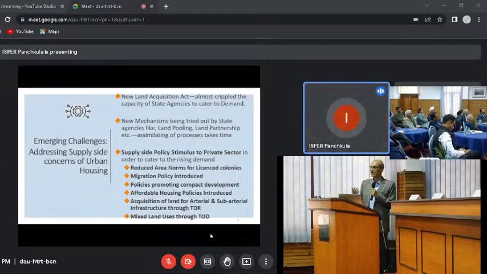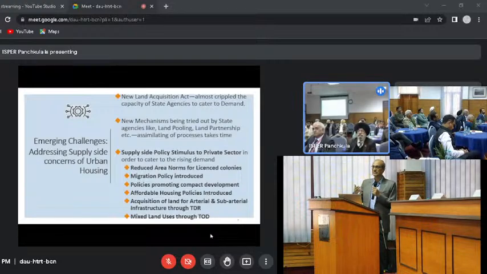But since these are new to the state, it's taking time. So in such circumstances, when the capacity of state agencies is getting crippled, it becomes all the more important for the department to address the supply side concerns so that there is a stimulus for the private sector to at least pitch in and do their bit so that the housing supply is not affected.